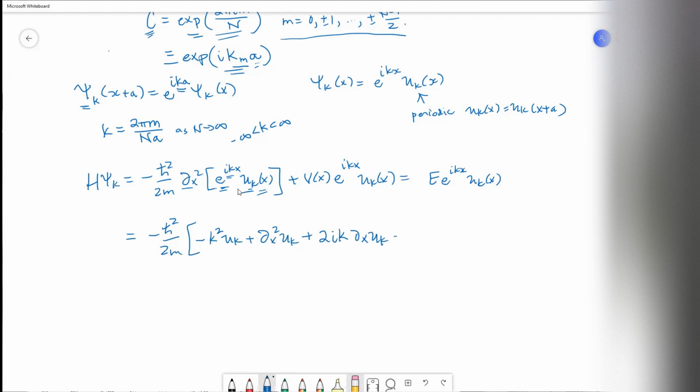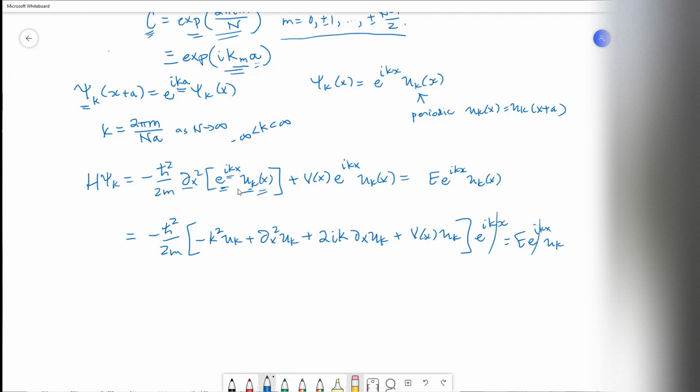And then you get, of course, the potential bit. And all of that, you get the factored out e to the i kx. And that's, of course, all equal to the energy.